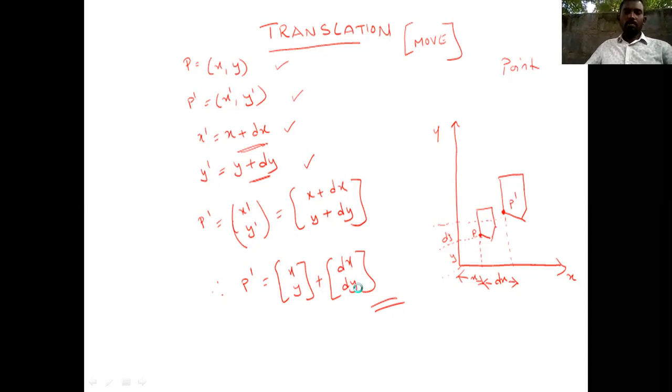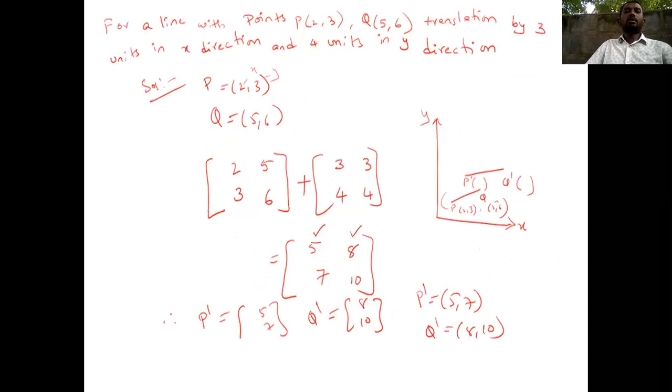So see here, next some problems. See here, problem one. For a figure, 3 units in the x direction and 4 units in the y direction. 3 and 4. See here, p equals 2 comma 3 and q equals 5 comma 6. So 2 3 and 5 6.